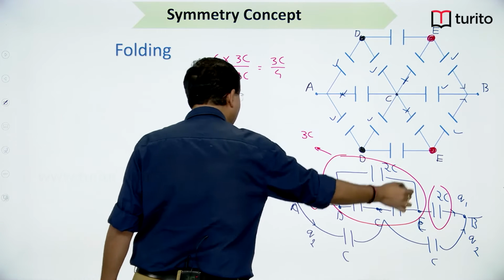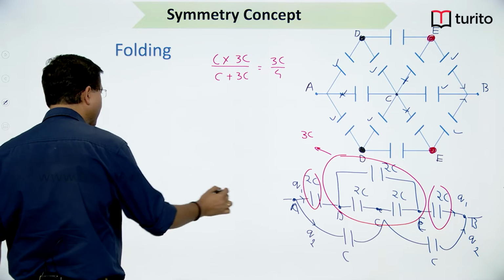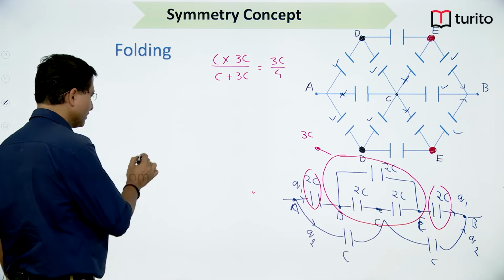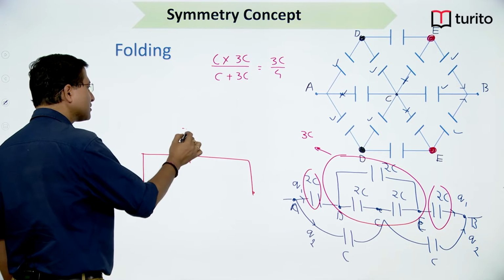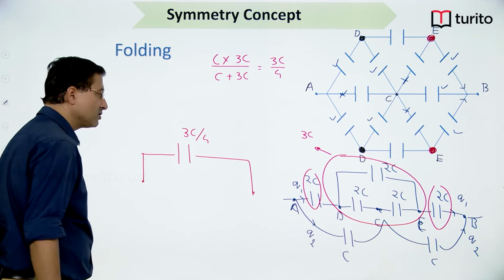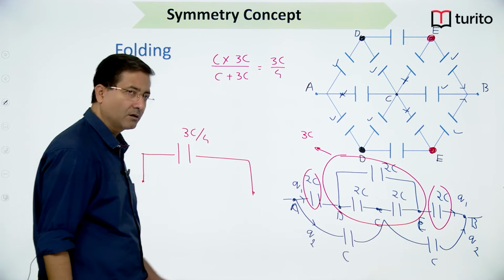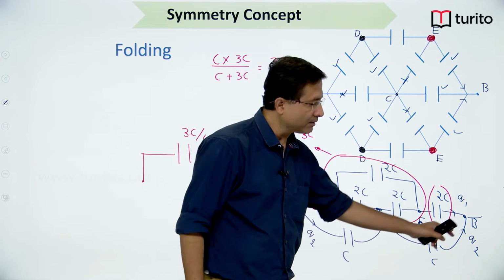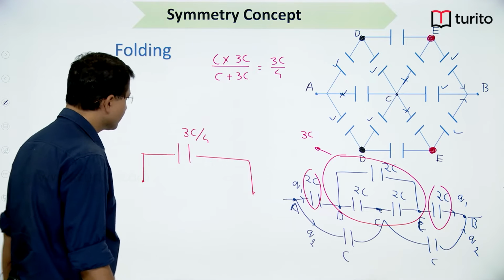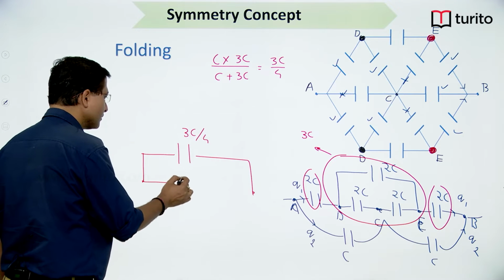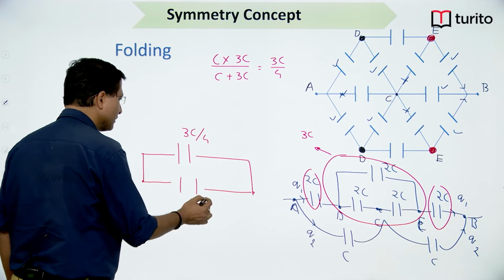So the whole upper branch can be replaced by a single capacitor of capacitance 3C by 4. Now comes this lower branch. These two are connected in series, capacitance will become C by 2, right. So this will become C by 2.